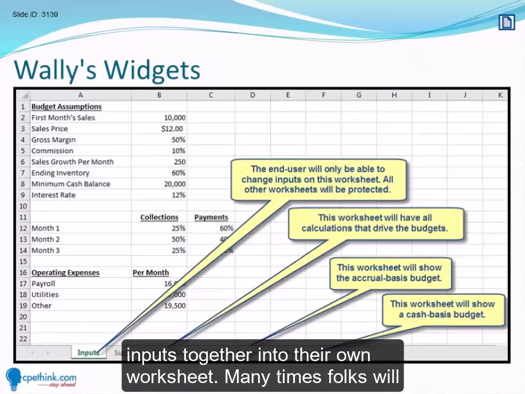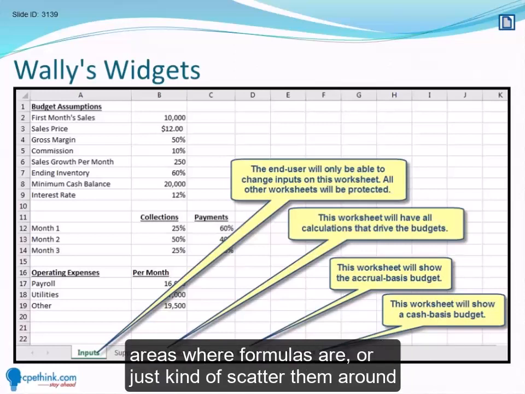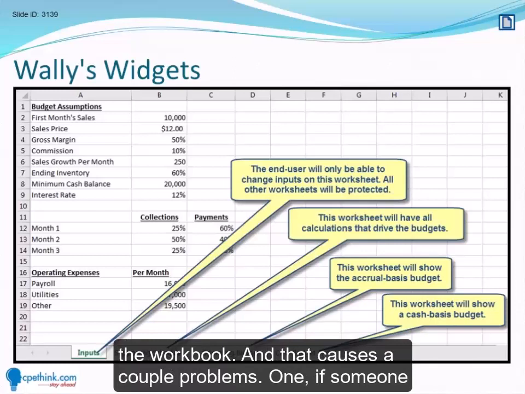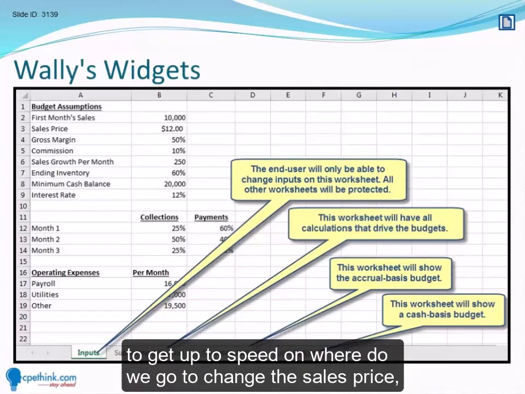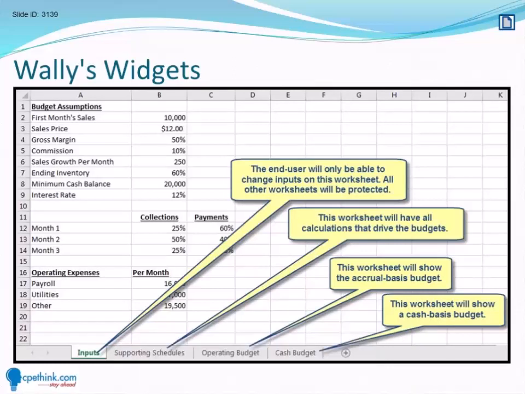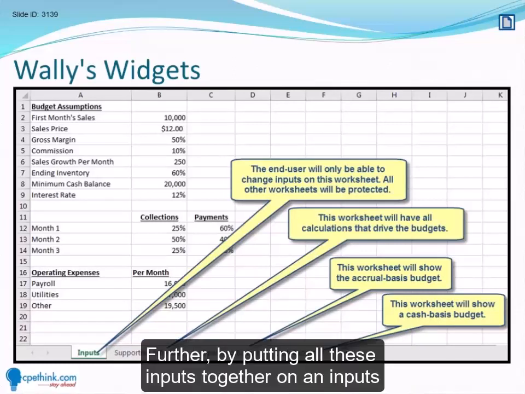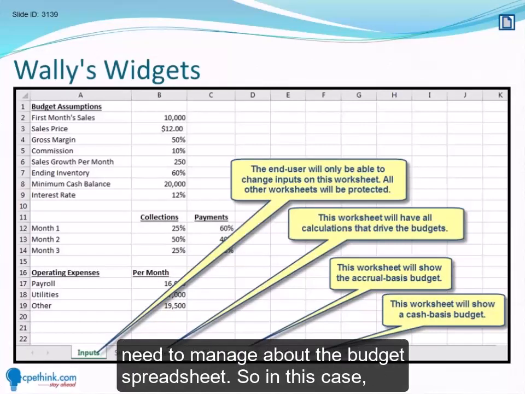Many times folks will take these key inputs and they'll either embed them in areas where formulas are or just scatter them around the workbook. And that causes a couple problems. One, if someone is brand new to the spreadsheet, it's going to take them more time to get up to speed on where do we go to change the sales price or where do we change the interest rate and so on. Further, by putting all these inputs together on an inputs worksheet, we can see a control panel for everything that we need to manage about the budget spreadsheet.